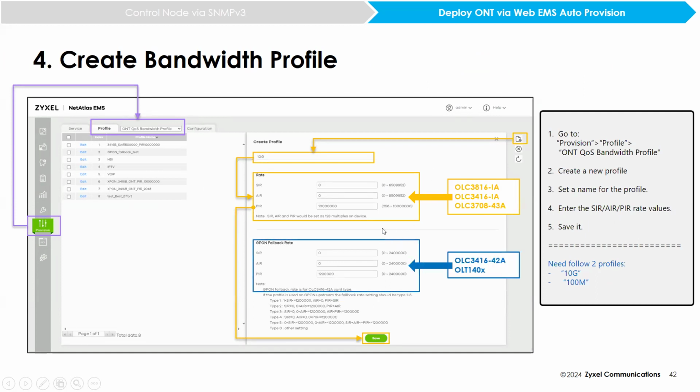And please note, because we want our ENS system to be able to manage the previous GPON system and also the newest GPON system, here we have two parts for setting the QoS on the previous OLT card and the recent OLT card.